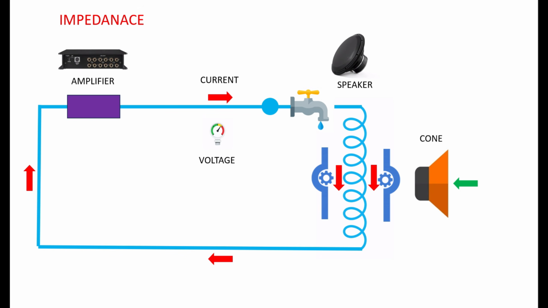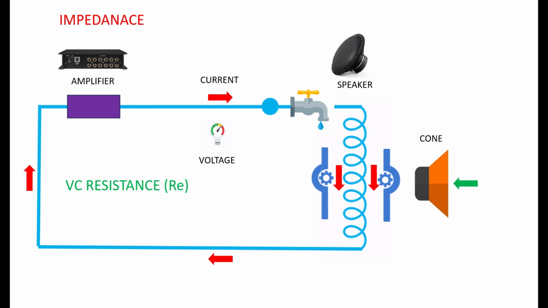All right, so with inductance out of the way, we can now talk about impedance, because impedance is the overall resistance of the speaker to current flow. It's kind of like how much the speaker limits current flow through the voice coil. And it's made up of a bunch of things. It's made up of the voice coil's electrical resistance, so it's RE.